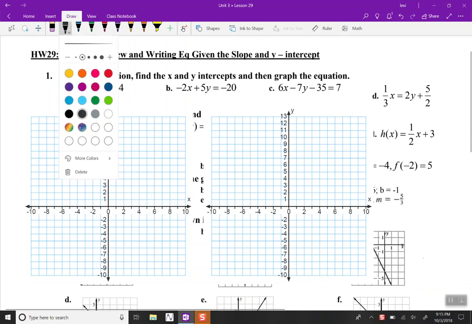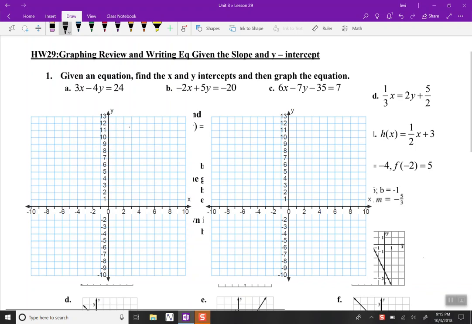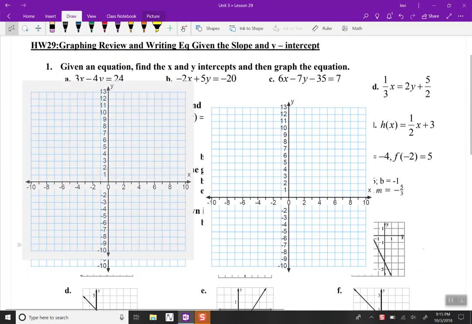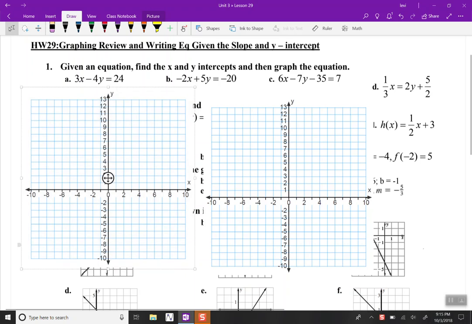So we have this first problem, 3x minus 4y equals 24. What would we like to do here? We solve for the x and y intercepts, right?